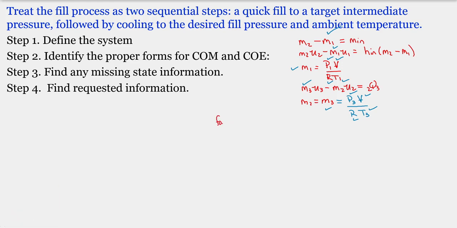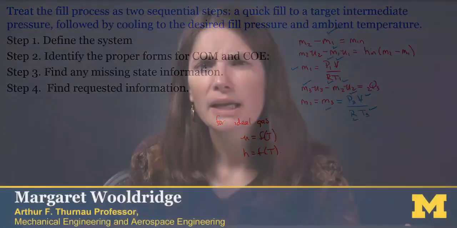So for an ideal gas, the internal energy is a function of temperature only, and the enthalpy, specific enthalpy, is a function of temperature only. So there are lookup tables for this. So in other words, if I told you the temperature is 298, it's air, you would go look up the specific internal energy and you could get that value.